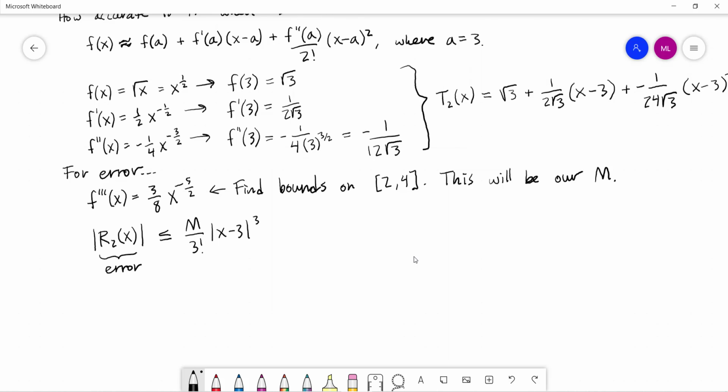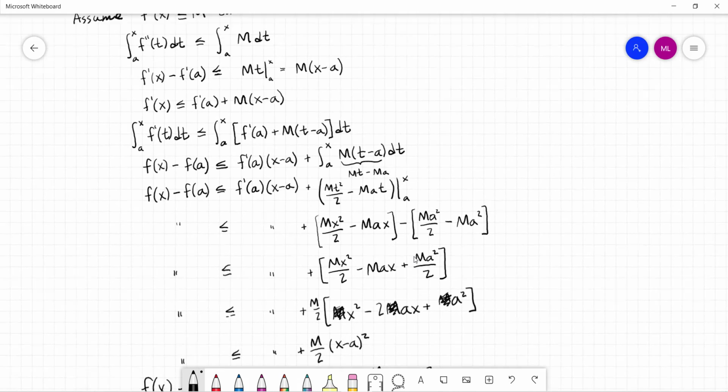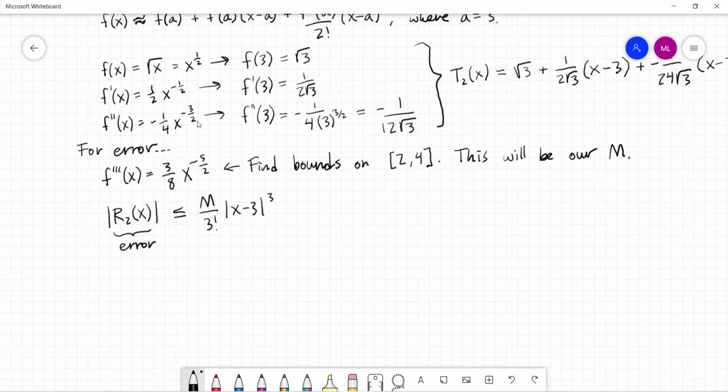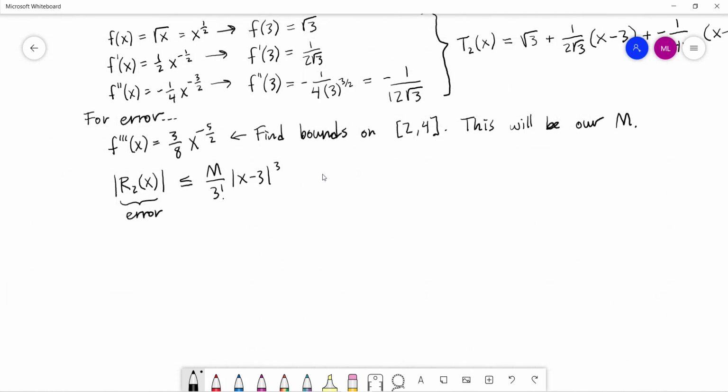Okay, this simply comes from our formula right here. So when n is equal to 2, we get a 3 factorial in the denominator, x minus 3 cubed. And that is where this came from. We just need to figure out what that value of m is. So m is the biggest value that this third derivative takes on this interval.